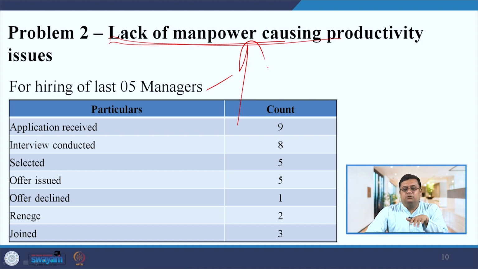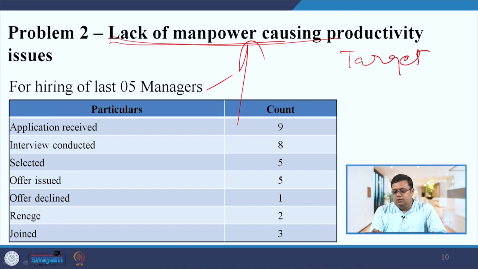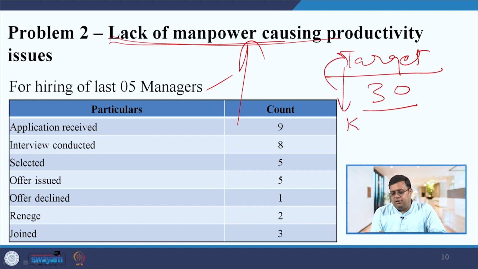So what should you do? You should say this is the target that we have to achieve. To achieve this target, we require, for example, 30 people. How can you count? By identifying the KPI. One person can do this much job in this organization, so these are the KPIs for this.